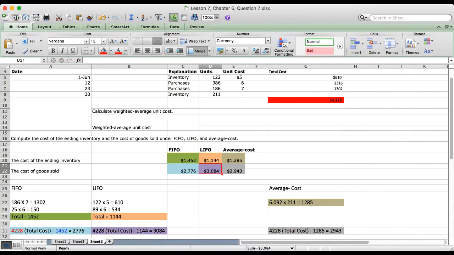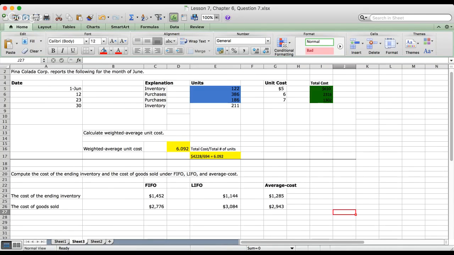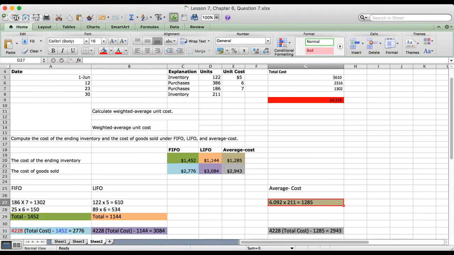Now for the average cost, if you'll notice, this 6.029 number is the number that we got from the weighted average unit cost in the problem earlier. We're just going to bring that down and times that by the remaining inventory, which is 211, and we get 1,285, and that will go into the cost of ending inventory.